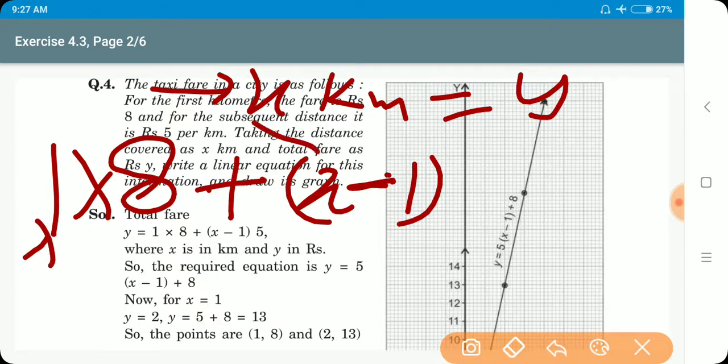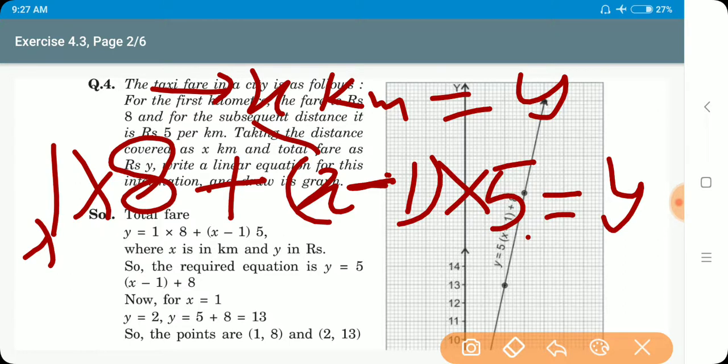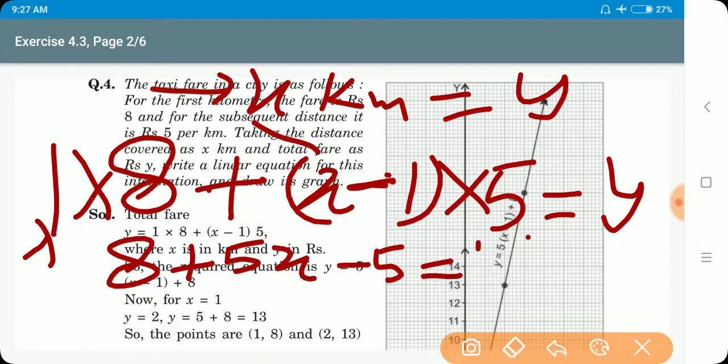So the remaining distance is x minus 1. For this I will pay 5 rupees per kilometer, and the total fare is y. So you can see this is 8 plus 5x minus 5 is equal to y.